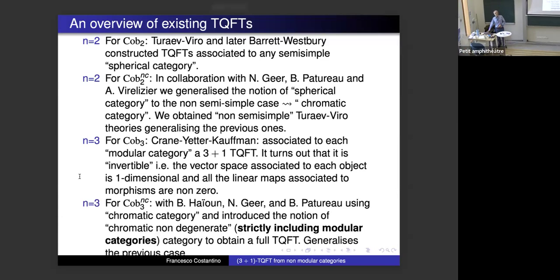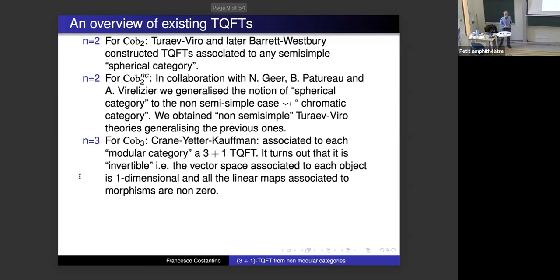In the case that it is braided, is your definition of spherical the same as ribbon? Spherical for me doesn't require a ribbon. As soon as I pass to n equals 3, the input will have to be ribbon. So you have a generalized notion of spherical, which is chromatic? Yes. And at least in the fusion case, I would expect spherical to be the same as ribbon in the presence of the braiding.